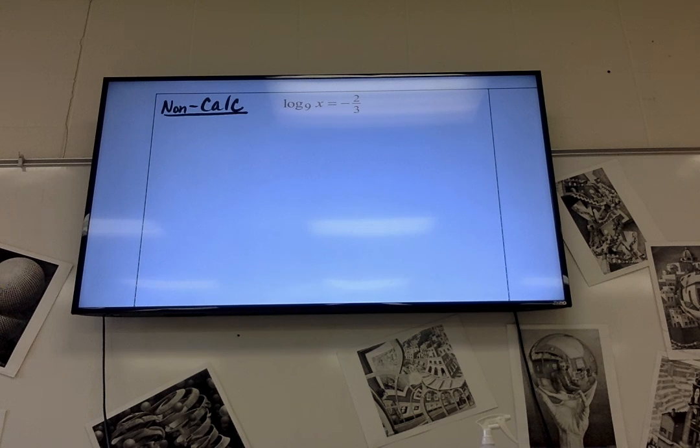So we're just going to practice these. We're finding the value of x by rewriting the equation as an exponential for each one of these. That's what the directions say. So we use the circle method. And so using the circle method, what would that be, Donna? -2/3. You start with this number first.